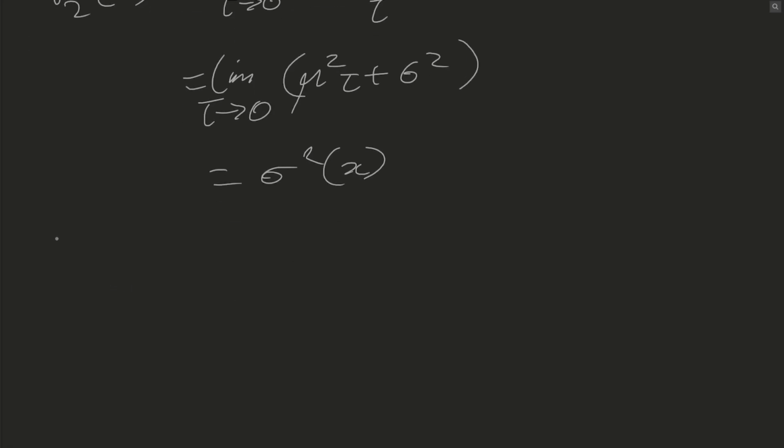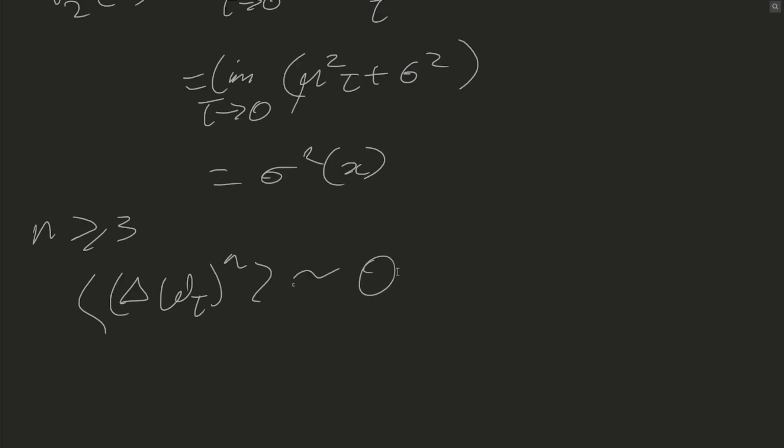And we can just introduce an extra term for some Gaussian noise for higher terms. So for n greater than or equal to 3, the expected delta Wt to the n in a process is roughly O of tau to the n over 2.